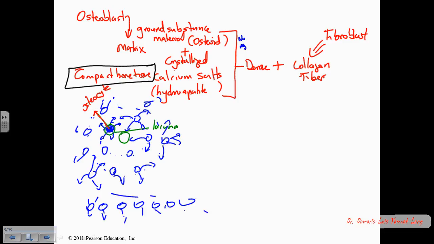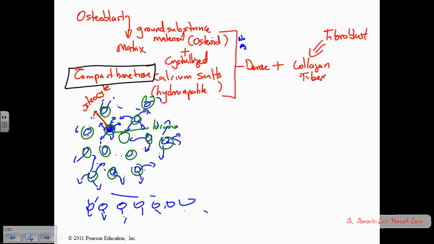Again, where they sit when they are osteoblasts, after they become mature, they form osteocytes, and they are now in these spaces called what? Lacuna. Capiche? They are stuck in these spaces called lacuna.